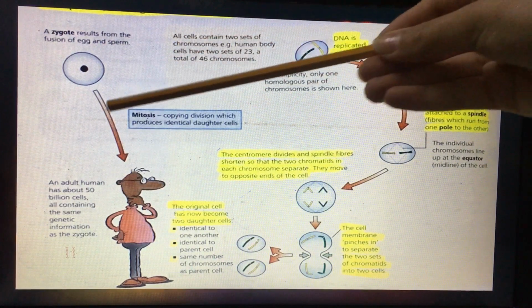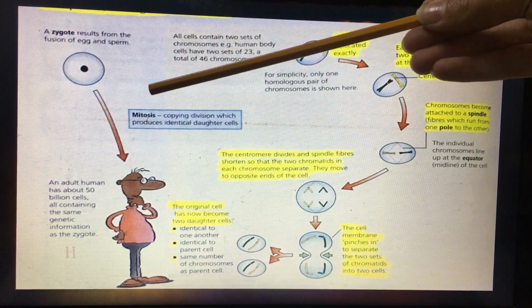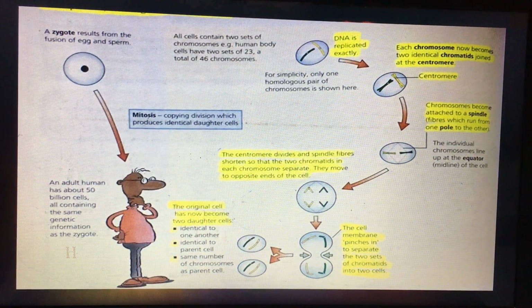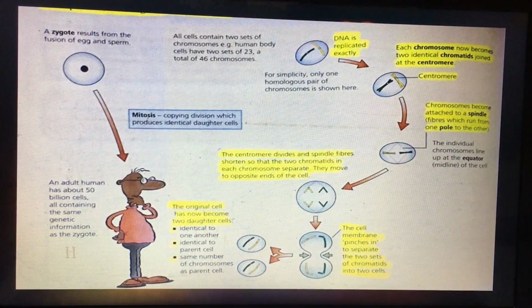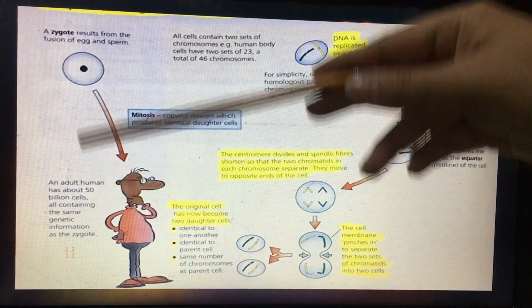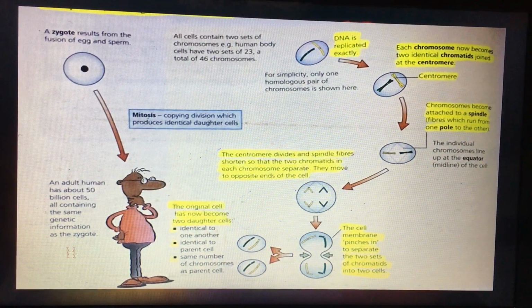Then the zygote, by using the mitosis process, will divide to form an adult. An adult human has about 50 billion cells, and all those cells contain the same genetic information as the zygote.